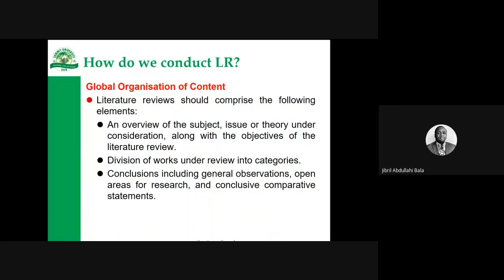Now, on a global scale, it means that you have to organize that literature review in sections or chapters. And the first section should be an introductory section that provides an overview of the entire work.